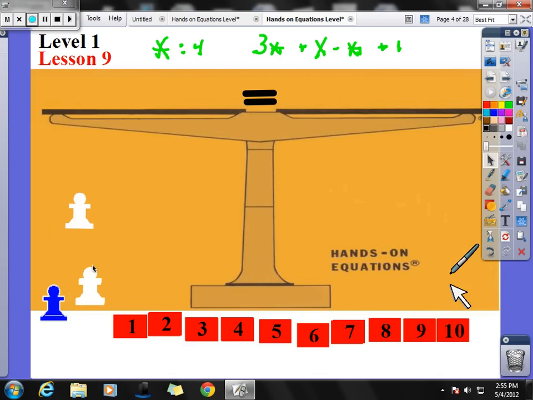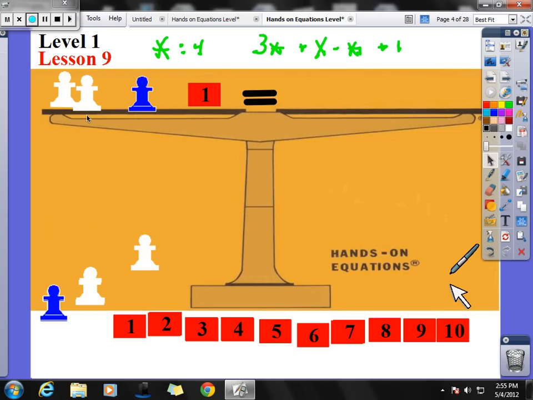3 star. 1, 2, 3. Everybody's grabbing 3 stars, putting them up on their board. Plus an x. There's my x. Now I take one of those stars away, and I add to it a 1. Now, what can we remove from my left-hand side? Remember, the rules are as follows.